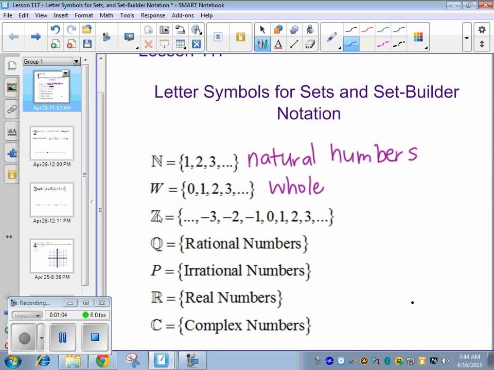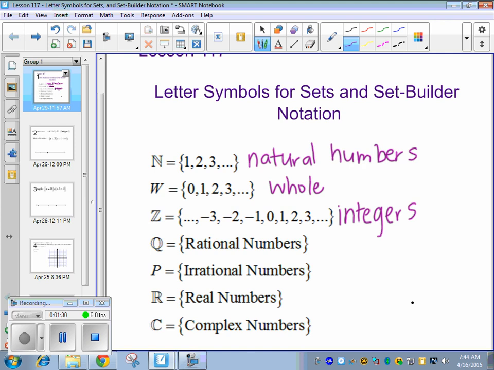So Z with the double bar, we have all the negatives, 0, and all the positives. Anybody know what we call those numbers? Yep. So integers are including the natural numbers, including the whole numbers, and all the negatives. Integers is still no fractions, no decimals, okay?